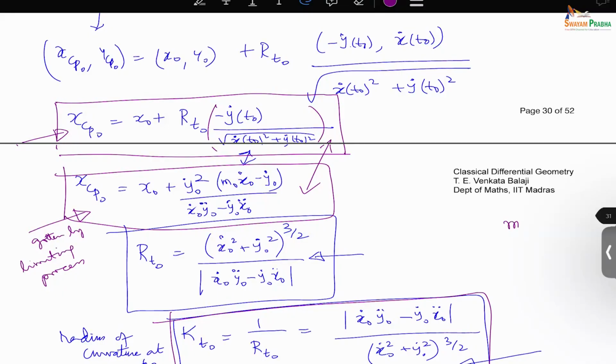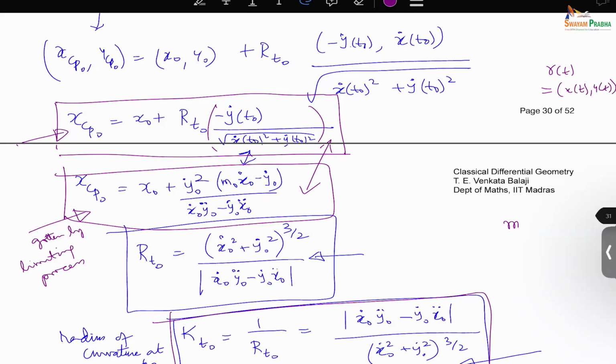Now let us make this computation. Our m was supposed to be the slope of the normal. The position vector of the point on the curve is given by x(t), y(t).